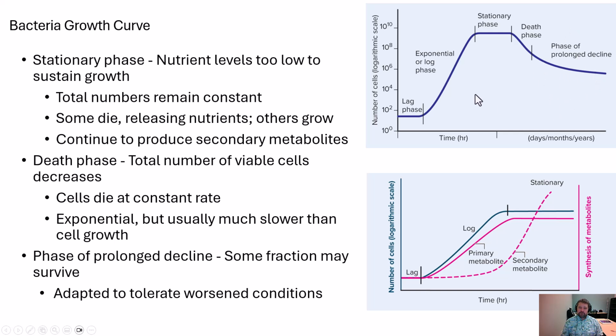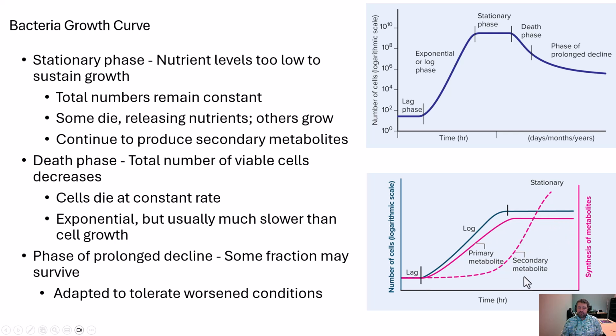So those secondary metabolites come into real play in these phases after they've been generated. You can see that normally after the stationary phase, secondary metabolite generation drops off very quickly, but most organisms have them in the system, okay?